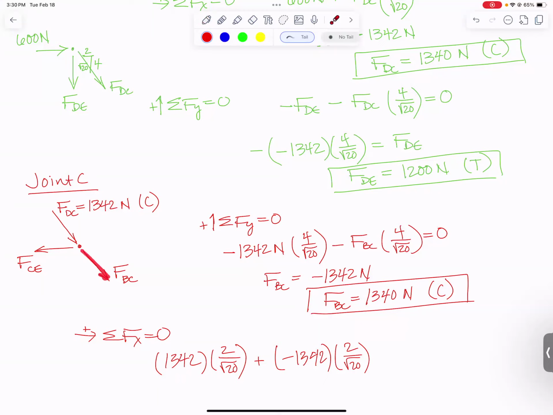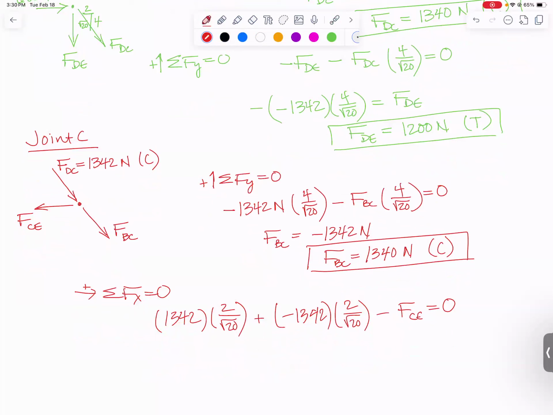It's drawn to the right, but because of the negative, it actually acts that way with a leftward component. And then finally, minus the force in CE equals 0. And do you notice those two terms cancel? Cancel, cancel, and we get that the force in CE is 0. It's neither tension nor compression. This guy is called a zero force member.